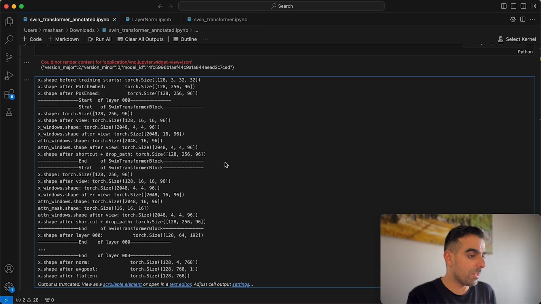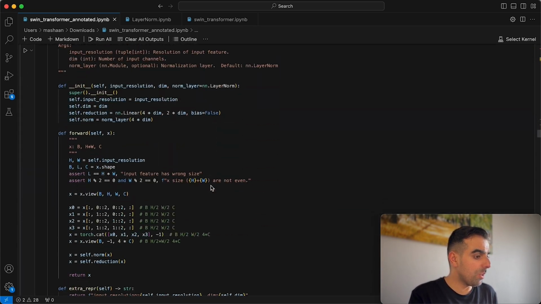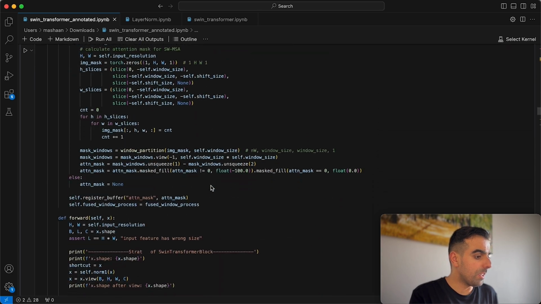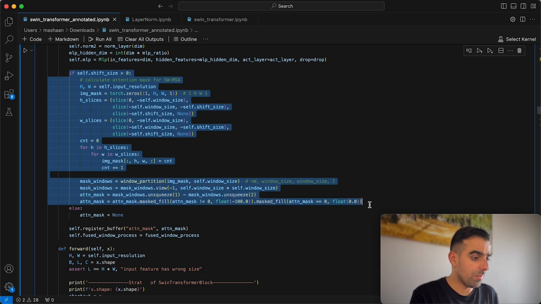So how does it create the shifted window? The shifted window is created here in this part of the code. I was literally looking at this piece of code, and I understand that they're creating the attention mask just to mask out some values, because they're shifting the windows, and they don't want the non-neighboring windows to perform attention with each other.